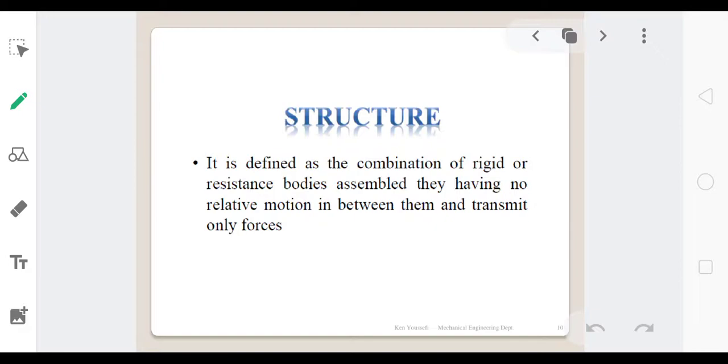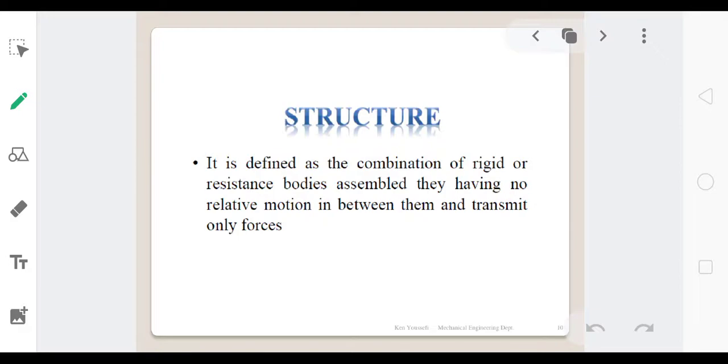So these structures are helpful to bear loads, like bridges. You can find different structures constructed to bear the load of the different vehicles moving on the bridge. There is no relative motion in that case, which is why it is called a structure, and its mobility is zero.